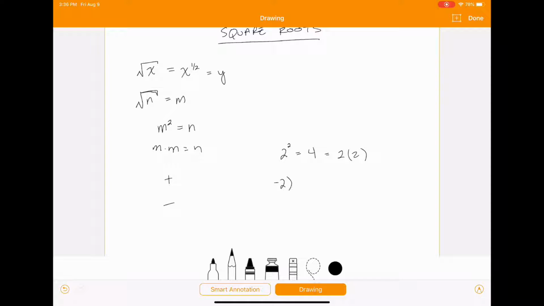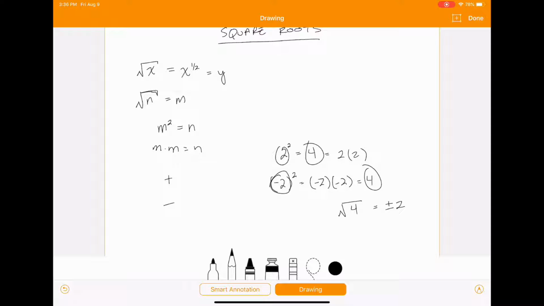Now, if you take a negative 2 and you square it, that's the same thing as negative 2 times negative 2, which is also positive 4. So it gives you the same answer. So if you were to take the square root of 4, you could get a positive 2 or a negative 2 as your answer, which is denoted by plus or minus 2, just like that.